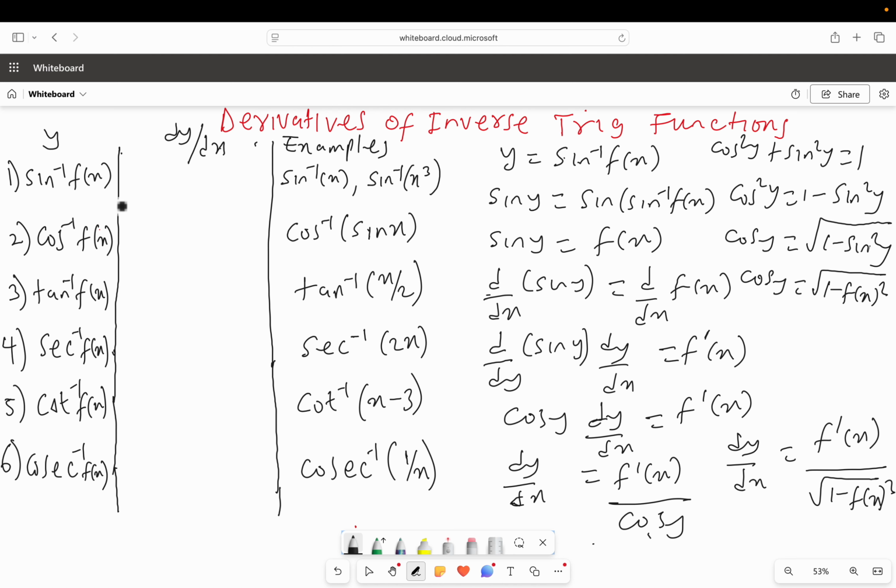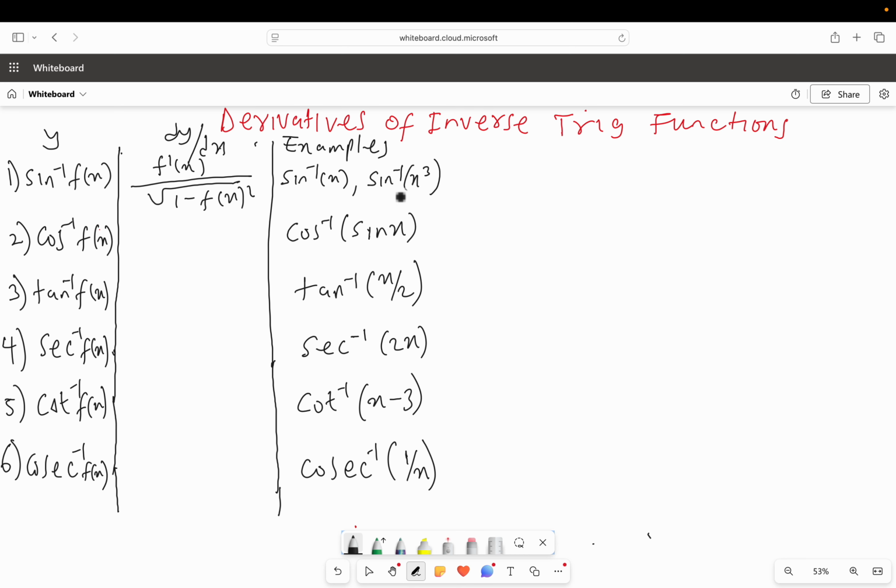So y is equal to sine inverse of f of x, if differentiated, will just be f prime of x over square root of 1 minus f of x squared.